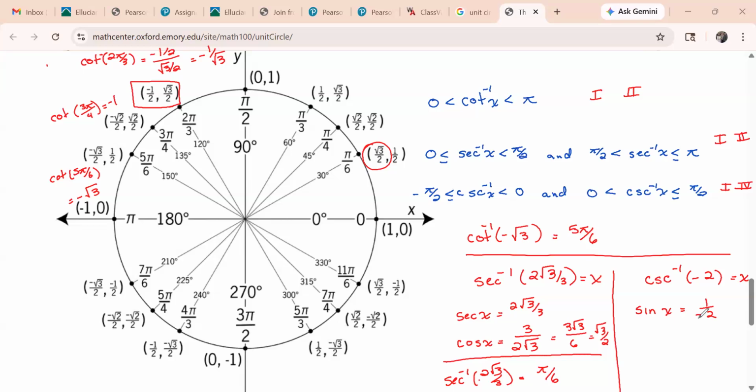So we need to figure out when sine is equal to negative 1 over square root of 2. So remember, your cosecant is bound in quadrants 1 and 4, so we do have to look at quadrant 1 and 4. So I see my answers right here. So this is at negative pi over 6. So inverse cosecant of -2 is going to be negative pi over 6.